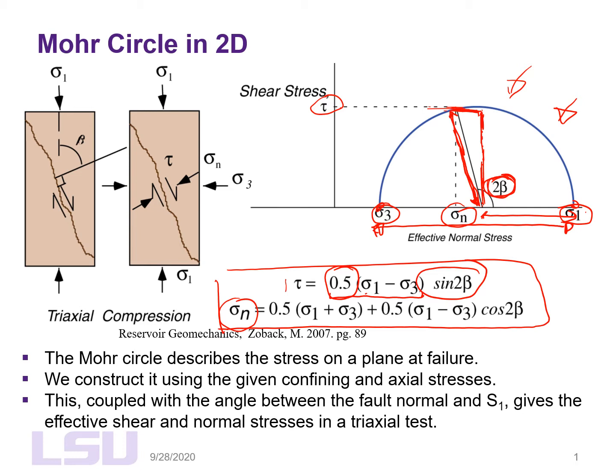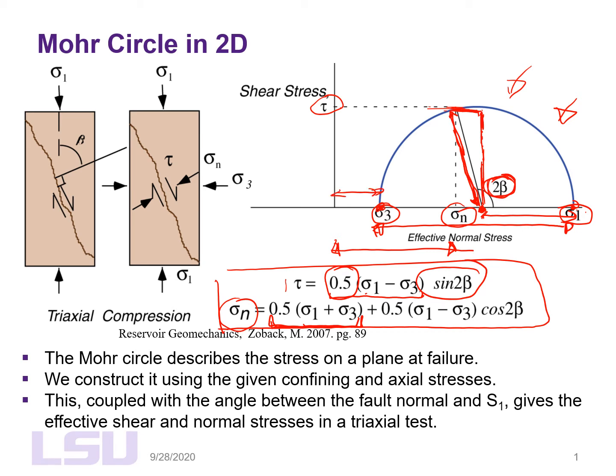How about for the normal stress? Well, we're doing a lot more. First off, we get the midpoint of sigma 1 and sigma 3. So that's what this is, average of sigma 1 and sigma 3. So this is sigma 3, this is sigma 1. It's going to get to the midpoint, which will be right here. But what are we looking for? We're looking for this distance. So we need to subtract out some value here, all right?